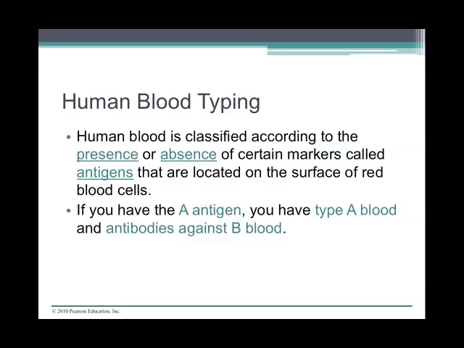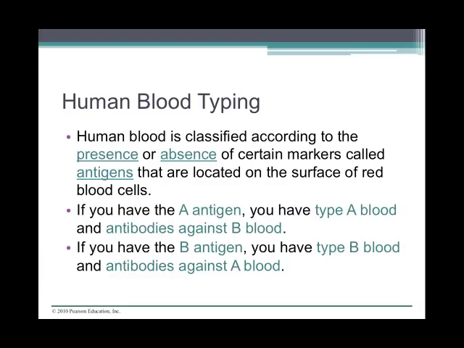So you have type A blood with a type A antigen and anti-B antibodies. If you have the B antigen, you have type B blood, and you also have antibodies against A blood. It's called anti-A.